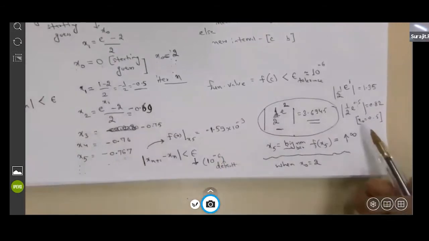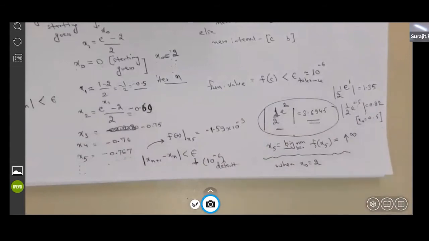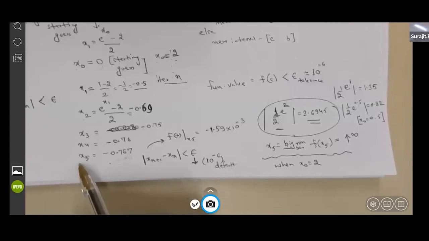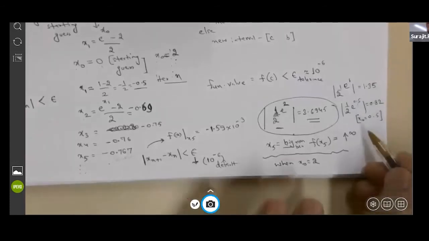If you start with x0 equal to 0.5, what do you get? I got negative 0.1756. No, I'm asking for x5. What will be x5?